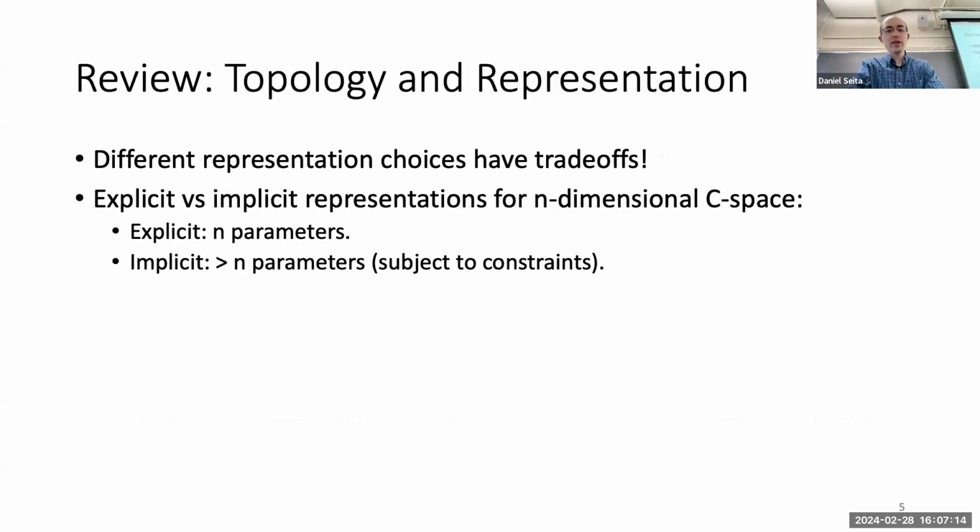And we talked about the explicit versus implicit representation for the n-dimensional C space. So do you remember the example we talked about with the point on the surface of a sphere? What would be the explicit versus the implicit representation? Do you remember that?